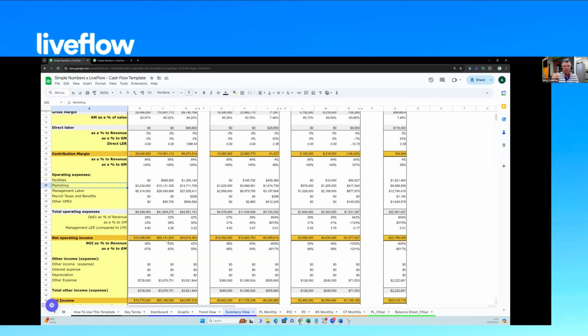If I'm doing pay-per-click or some type of ad spend that has a 30-day or less life, we consider that a cost of goods sold. So this would be more outside marketing support and those kinds of things. Management labor is all labor that's not direct labor. Payroll taxes and benefits, we don't allocate. We want those to fall in a bucket by themselves. And then the catch-all bucket of everything else is other OpEx.